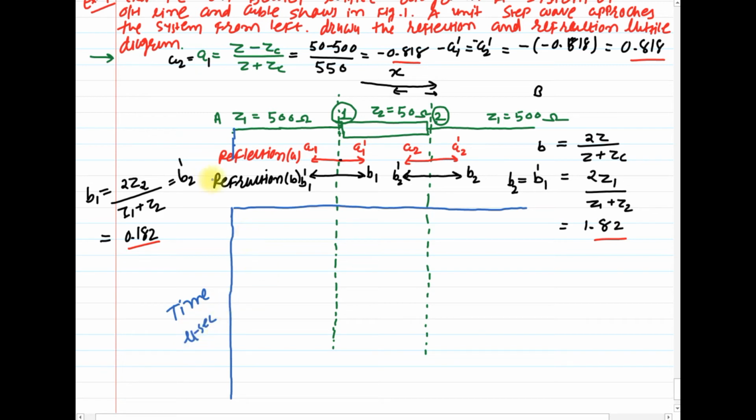Clear? So we'll draw over here starting from 0, 2, 4, 6, 8, 10, 12 and so on. Clear? Just extend this dotted line which shows the section or junction.